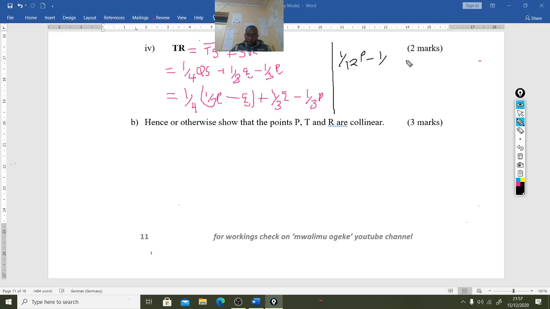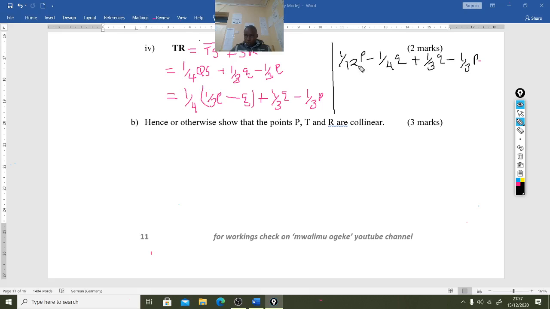We are opening the brackets here. Then we plus a third q minus a third p.